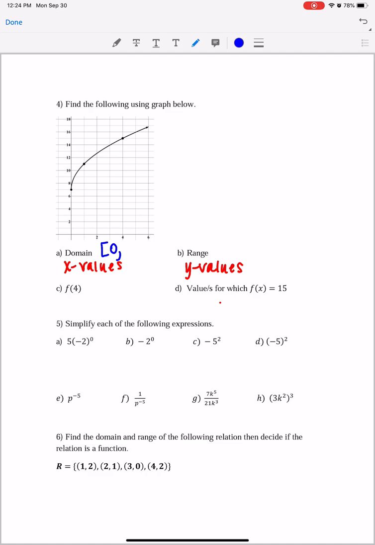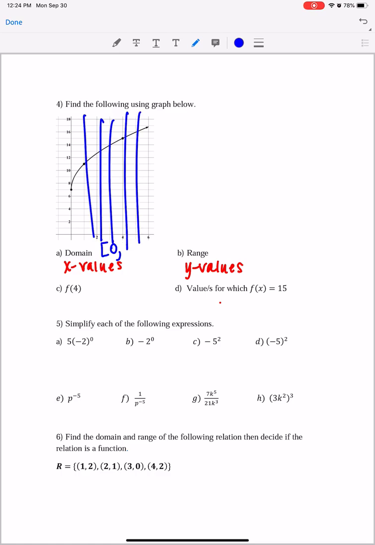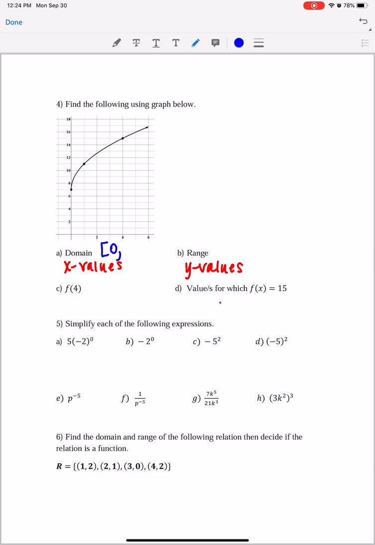So then keep going. I have values at 1, 2, 3, 4, 5. At 6 right here, we hit an arrow. Anytime you hit an arrow, arrows mean infinity.